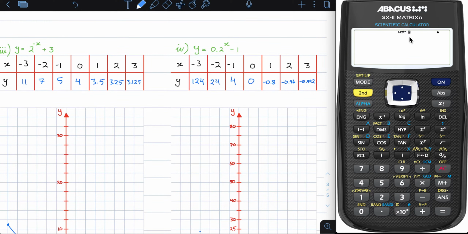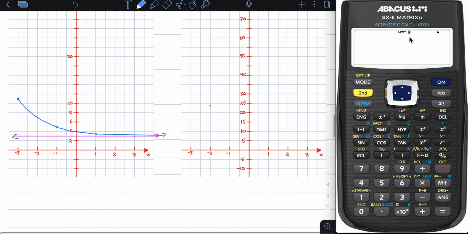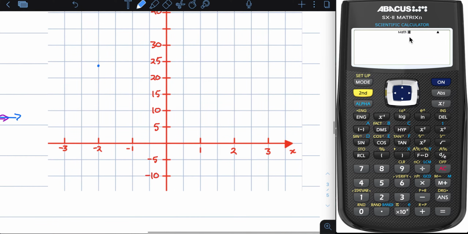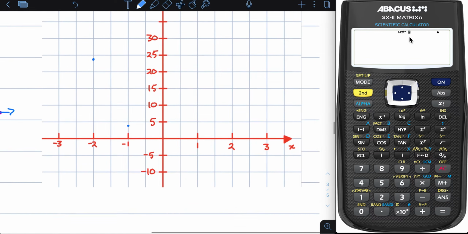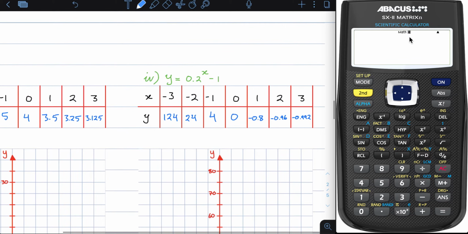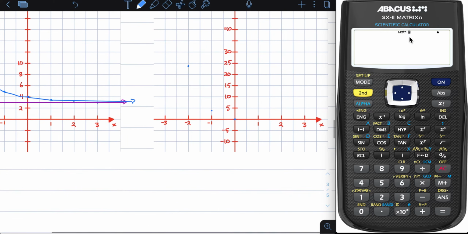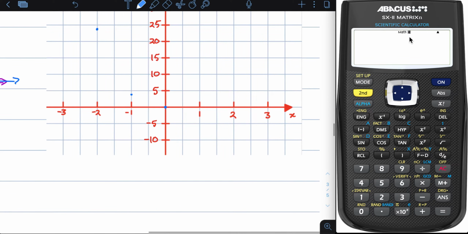Negative 1, 4, graphing this one. Negative 1, 4, 0, 0, 1, 0, negative 0.8, 1, 0.8, so 2.5 would be here, so it's super duper close, like so.